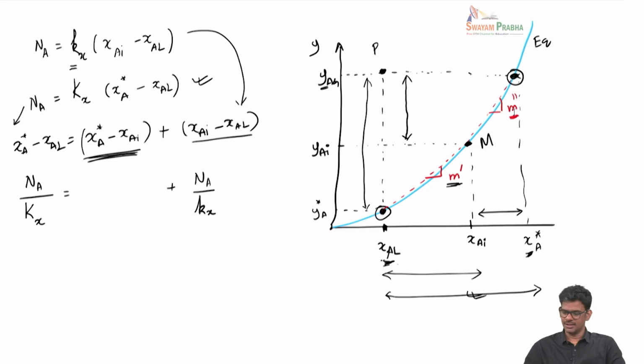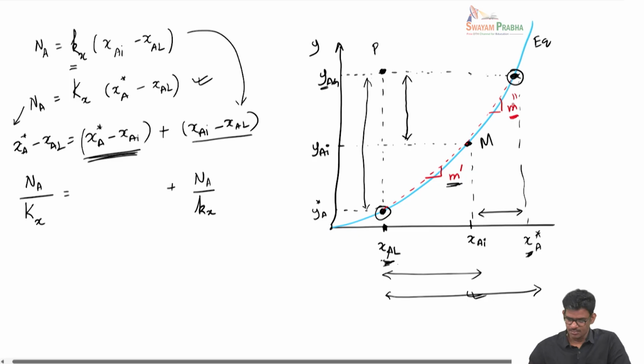So we can define a different slope m double prime. But as we will see later on in many problems, m prime, m double prime are typically the same because the line is a straight line. But to keep generality, we will assume that this particular line has a slope of m double prime.